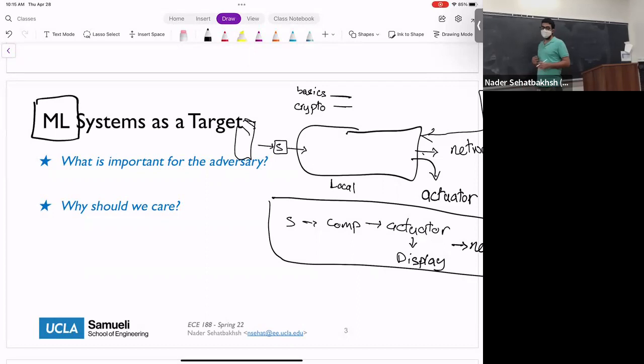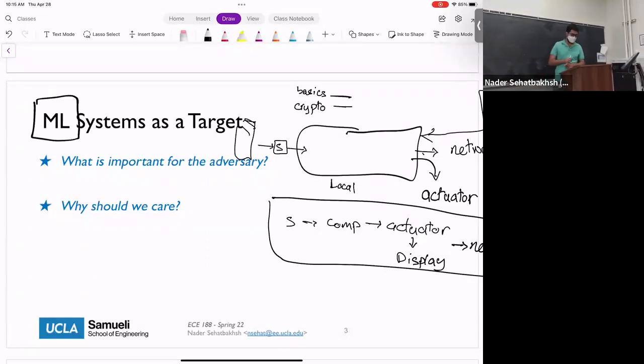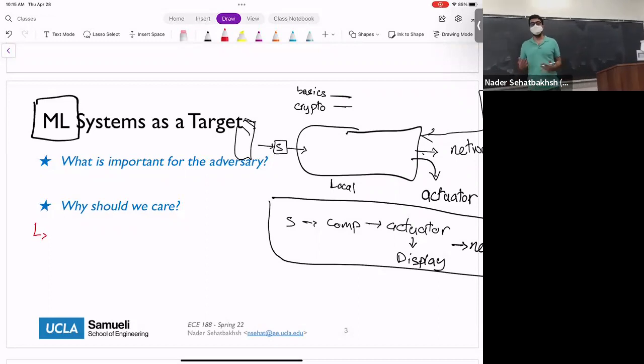So the biggest question is, why is it important for an adversary to attack a machine learning system? And generally, what should we care about? Why should we care about machine learning specifically? And why did I pick machine learning? The answer is that most of you already know that machine learning is being used in almost every system these days, right?